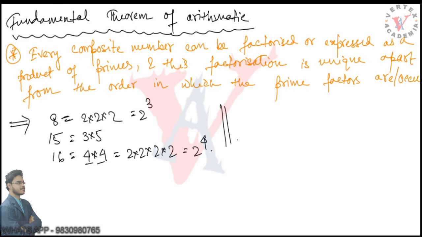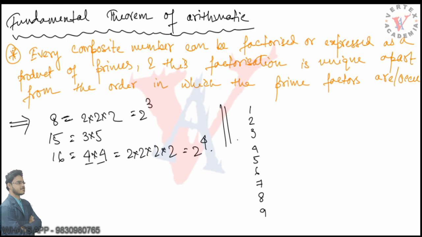We have the numbers 1, 2, 3, 4, 5, 6, 7, 8, 9. Any number greater than 10 can be represented as factors of the numbers below 10. Take 36: it is 6 into 6, or 9 into 4. So 36 can be represented using numbers between 1 and 9.